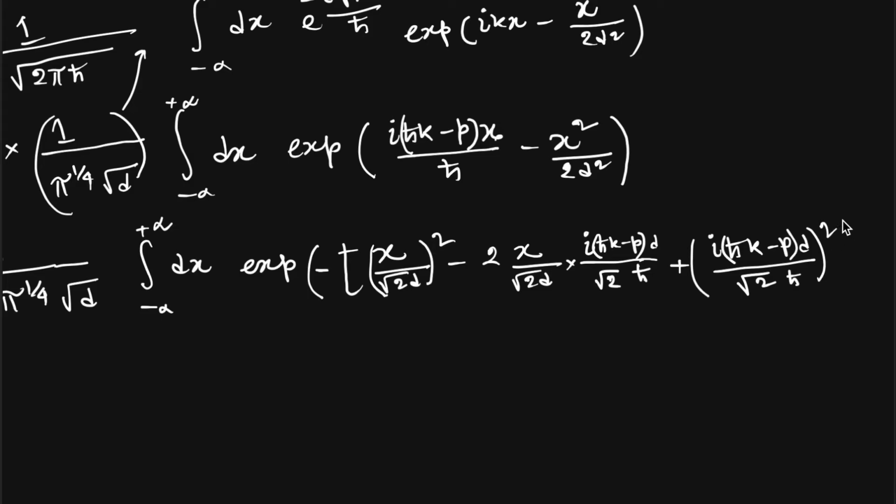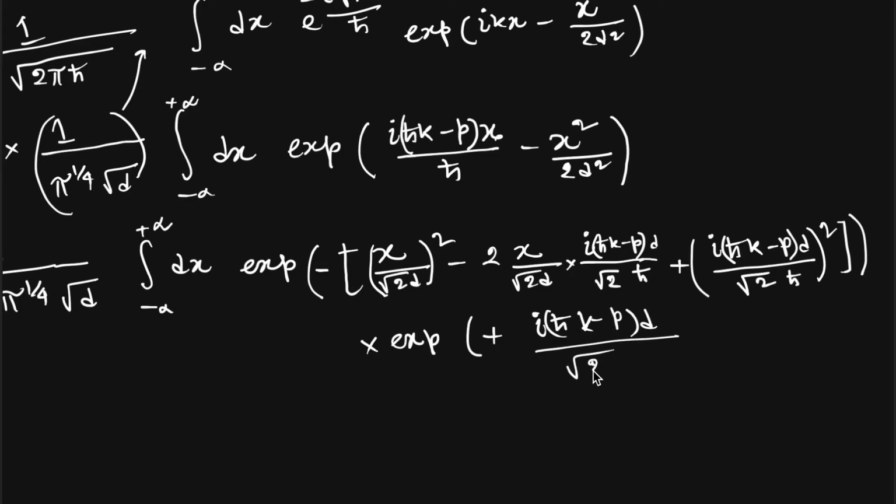So we have to again subtract this term, that means multiply exponential, this is minus, so plus i ħ k minus p into d by root 2 ħ its square.